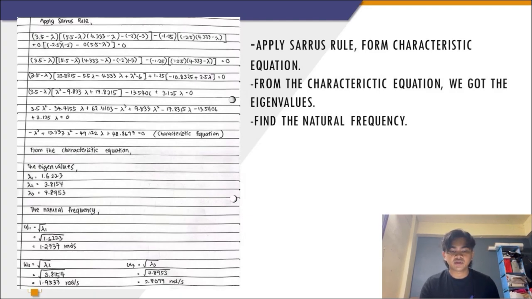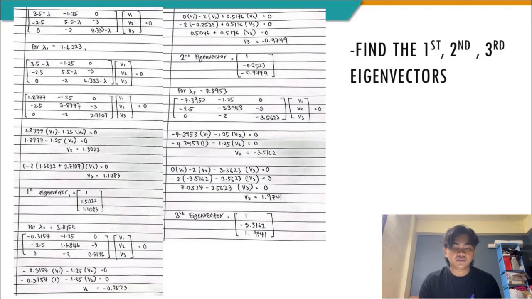And from the characteristic equation, we have the eigenvalues. So from the eigenvalues, we find the natural frequency, and then we use the lambda to find the first, second, and third eigenvectors.